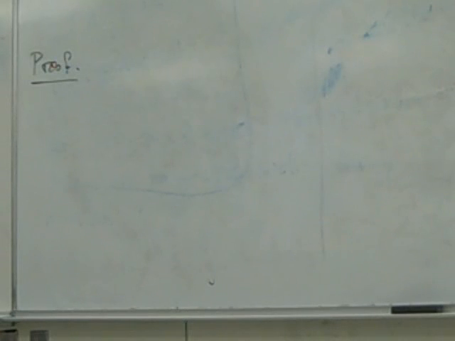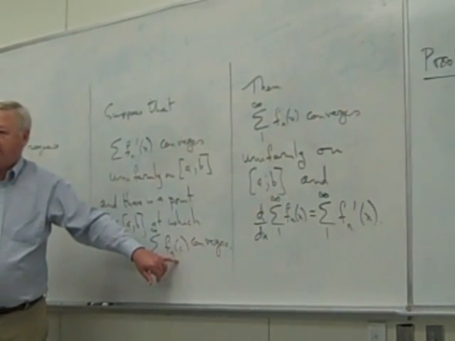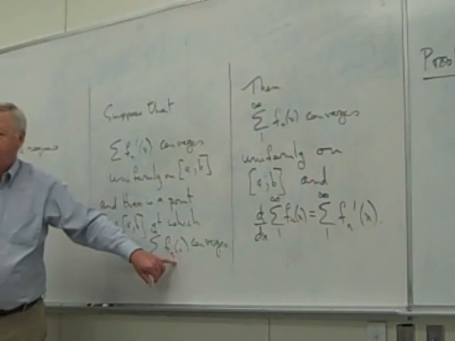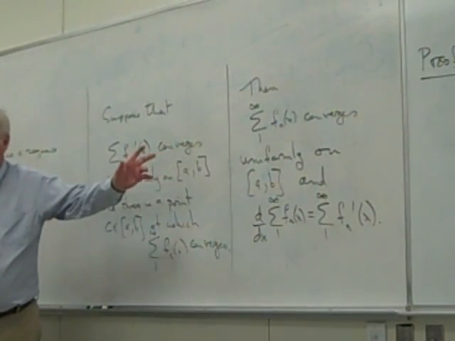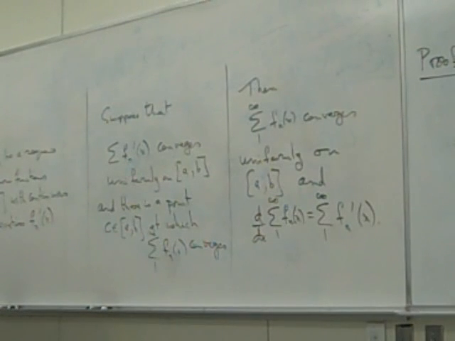After we're done with the proof, I'll explain this rather mysterious condition that the original series should be summable at least one point. Because actually, if you take out that hypothesis, it's not true, for rather trivial reasons.